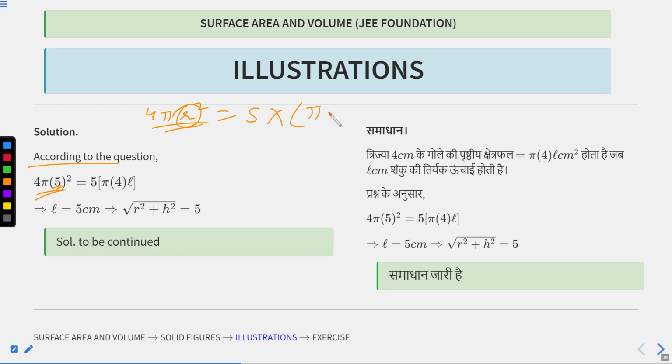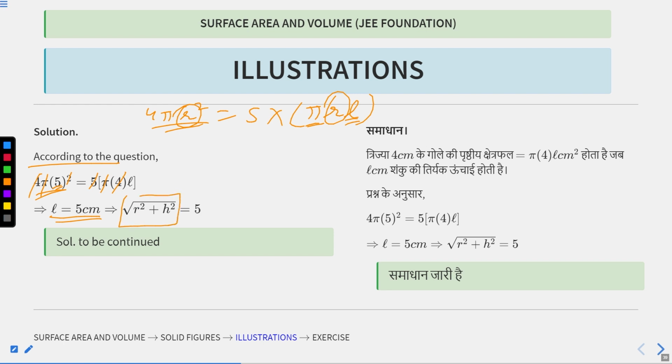The curved surface area of the cone is pi r l. R is 4, L we don't know yet, and pi is a constant. So we just cancel out this pi and this 5, and 4 also, so we will be left with L equal to 5 centimeter.